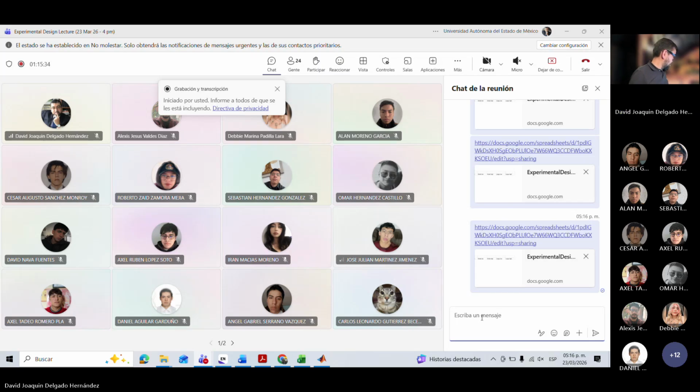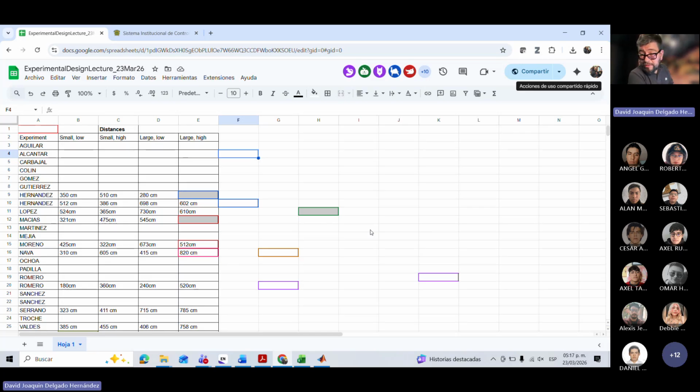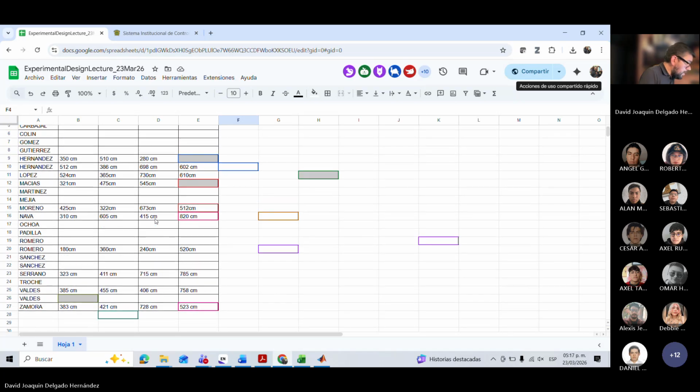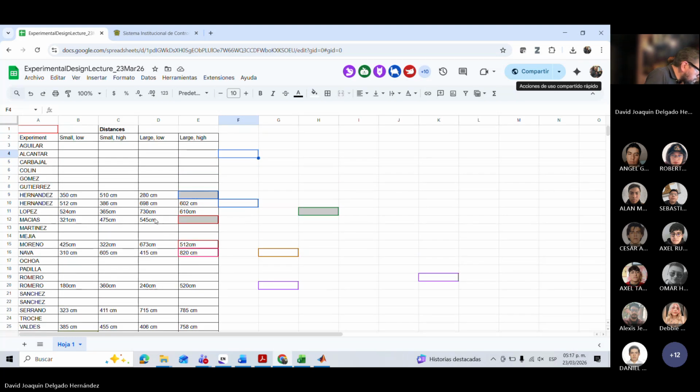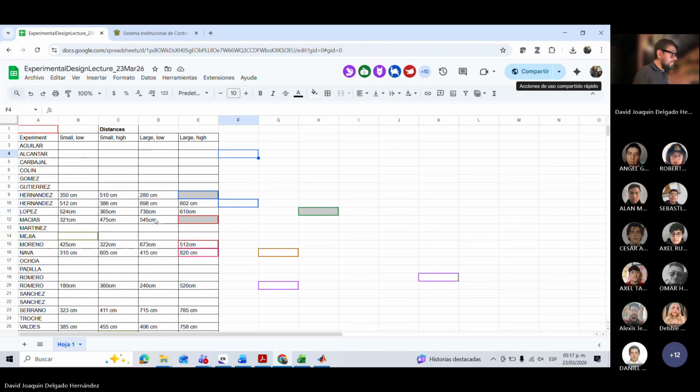Try this one. Were you able to access? I don't know whether, for instance, what I am looking at here is that there are 10 people working together at the same time in this part.